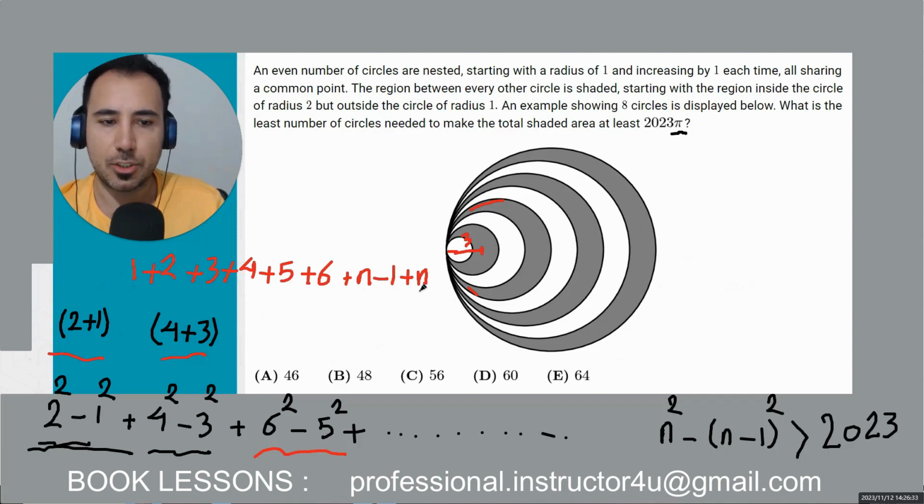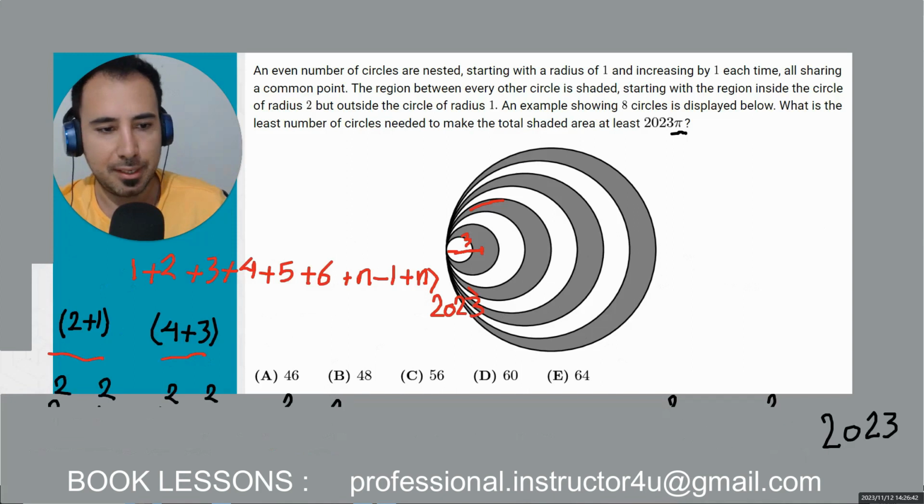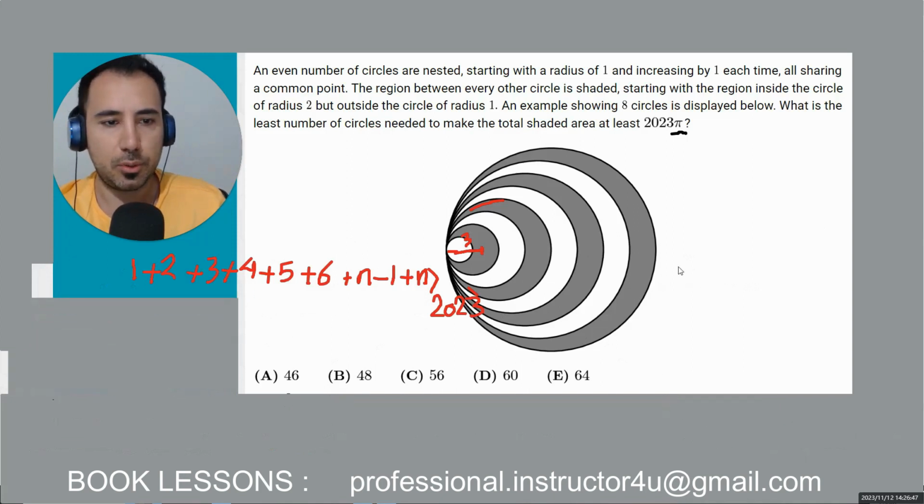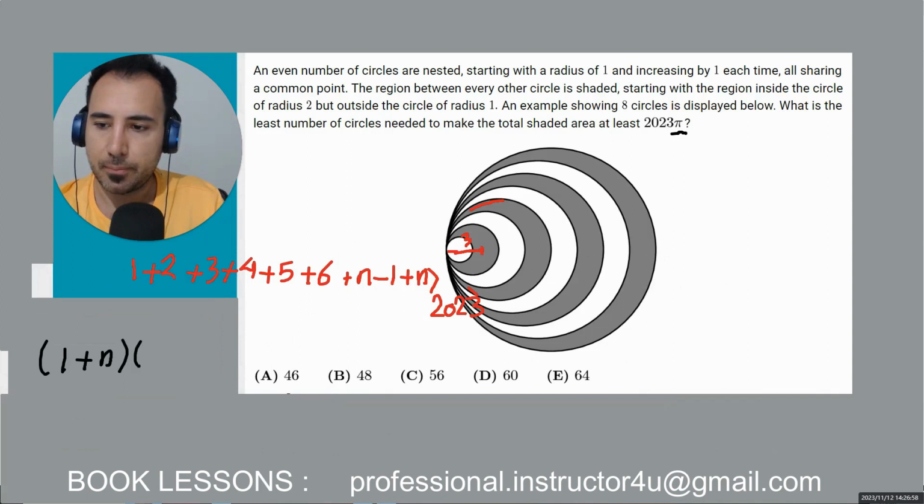Okay, this has to be larger than 2023. Now everything looks a lot simpler. So all we really have to do is just write it this way. We know that the last one, 1 plus n, divided by, n over 2 is supposed to be larger than 2023.